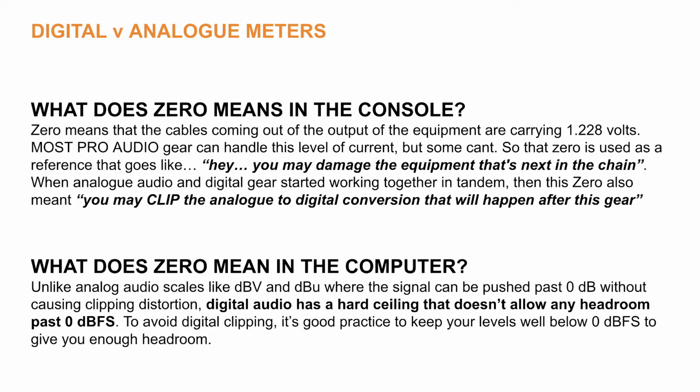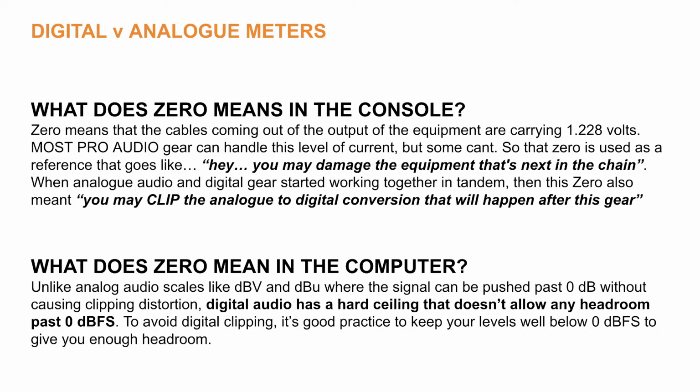So for me, 0 dB means 0.77 volts. You see? Then you have your sound card going at 0 dB and your preamp going at 0 dB, sending something to your sound card that it expects to be 0.77 volts, but what's coming out is actually 1.228. And then you have a mismatch between what the analog gear is doing and what the digital gear is doing.